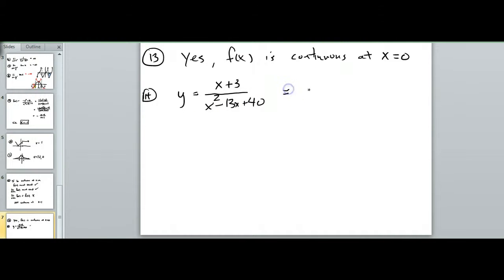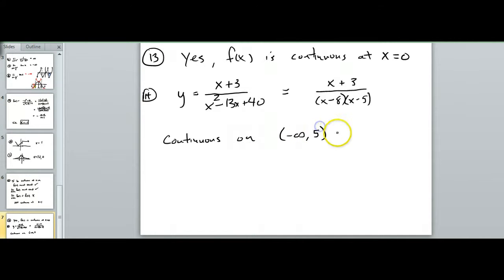So, if we factor that bottom, alright, we need two numbers that add to this, multiply to this. So that's going to be negative 8 and negative 5. These are the two places where this thing's not defined. So the function is continuous on the intervals negative infinity to 5, and then it's continuous again between 5 and 8.